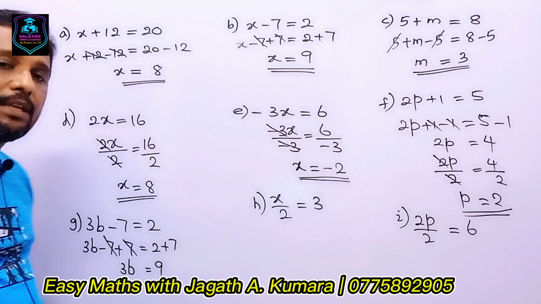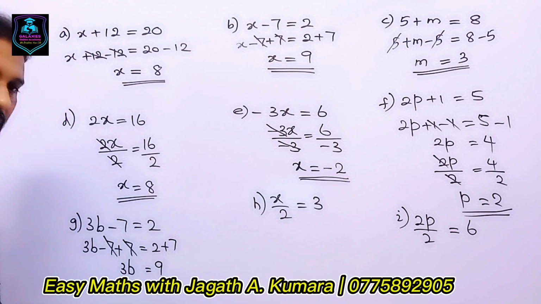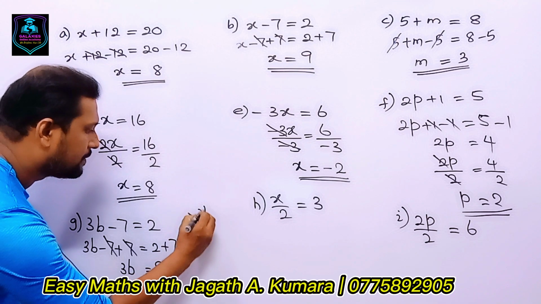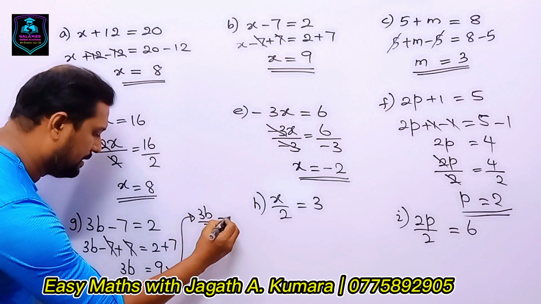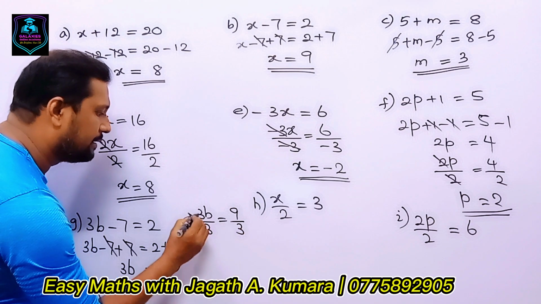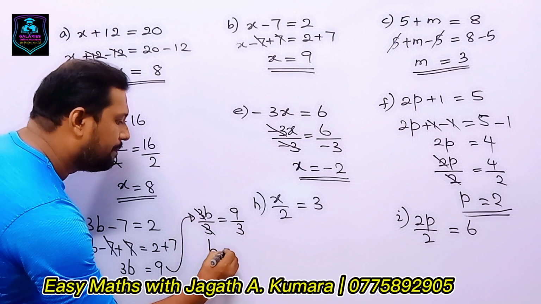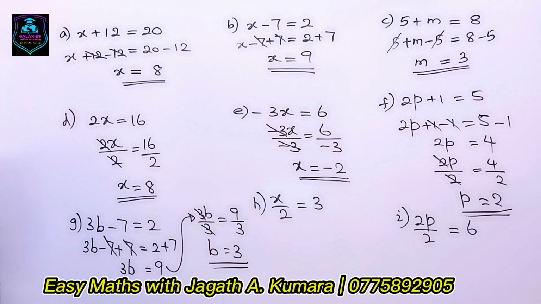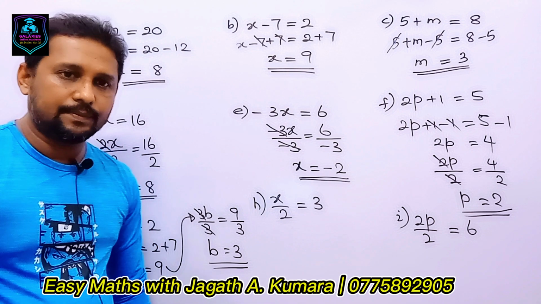Now on both sides you have to divide by 3, no? Then 3b divided by 3 equals 9 divided by 3. 3 and 3 cancel. B equals 3. Part g answer is b equals 3.